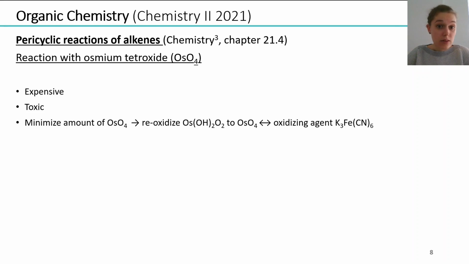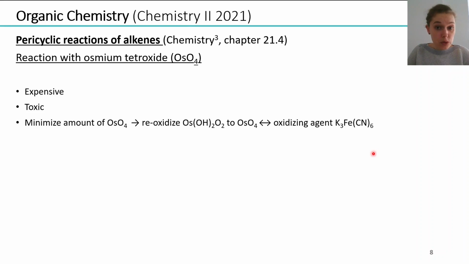And what does this oxidizing agent now do? As soon as osmium is reduced from oxidation state 8 to 6, the added oxidizing agent will selectively oxidize osmium back to osmium tetroxide with an oxidation state 8. And hence, we only need a very little amount of osmium tetroxide for this reaction.